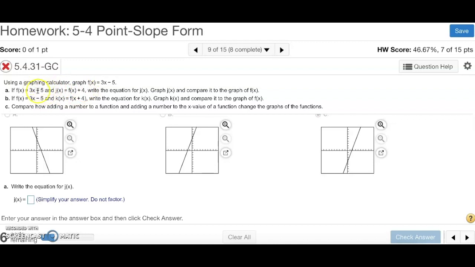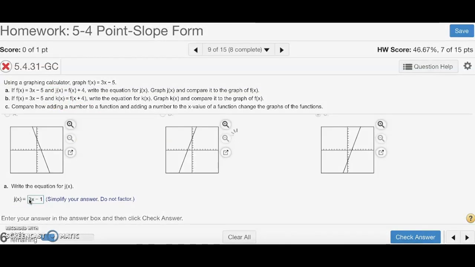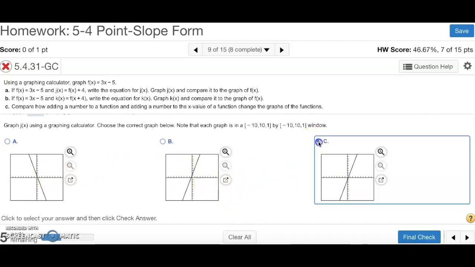Adding 4 to negative 5 gives me negative 1. So that's going to be 3x minus 1. Now the graph of that will be the one with the negative y-intercept, whereas these two have a positive y-intercept, so it has to be C.